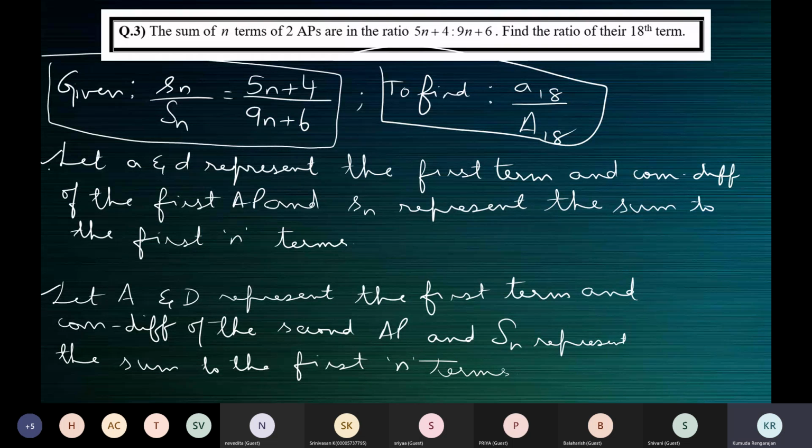I think that will make more sense. You can just put an arrow. So we'll write this first: let A and D represent the first term and common difference, and then given and to find.